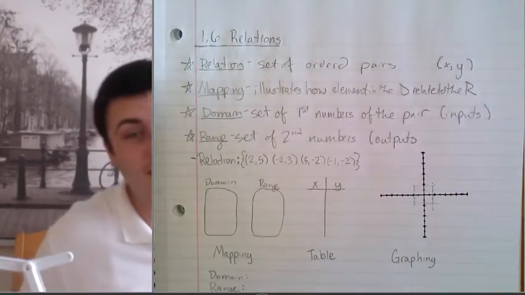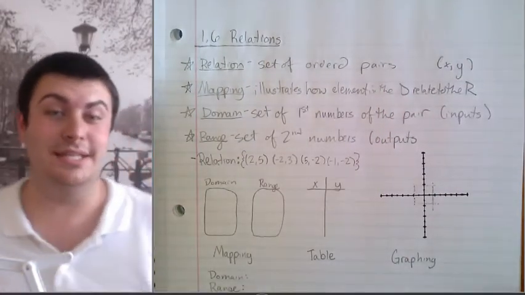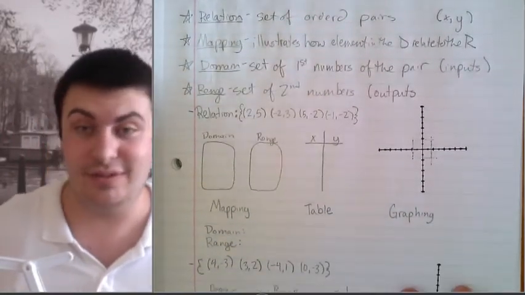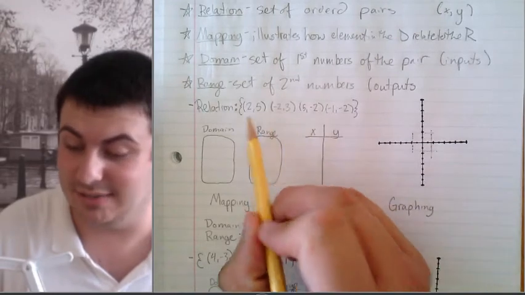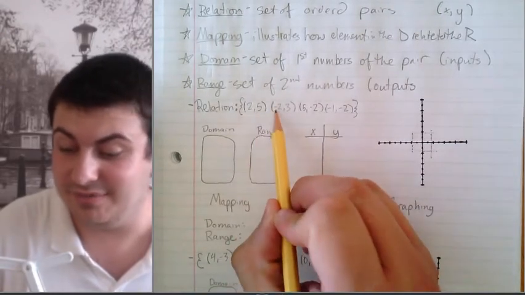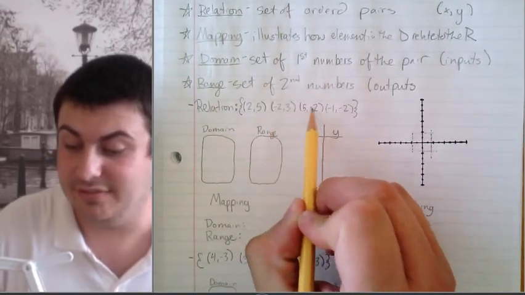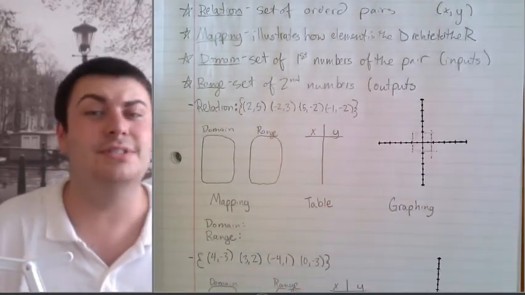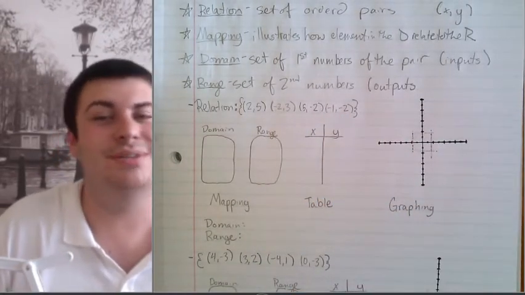Now, I said there's several ways of showing these relations other than just listing the set of ordered pairs. So if we looked at this relation here, we have the set (2, 5), (negative 2, 3), (5, negative 2), and (negative 1, negative 2). I'm going to do the easiest one first, which is to show this in a table.